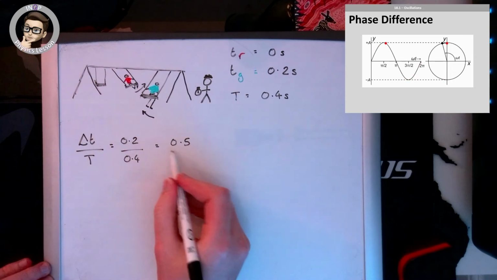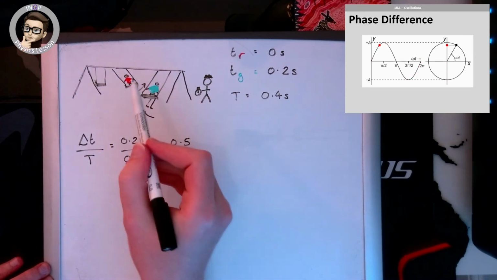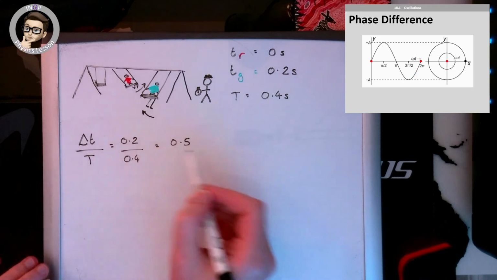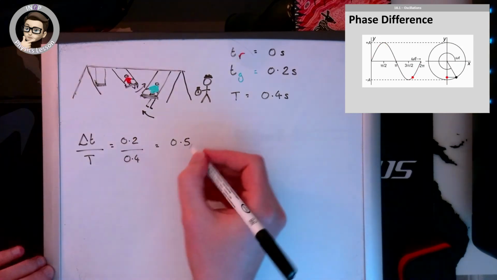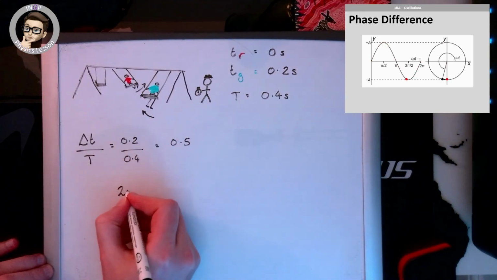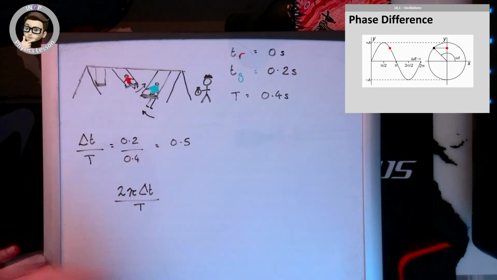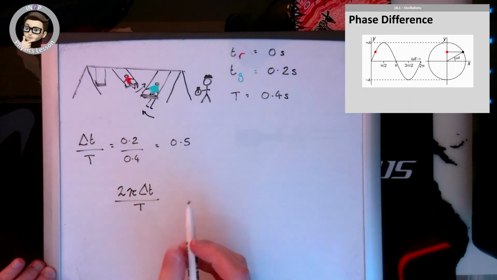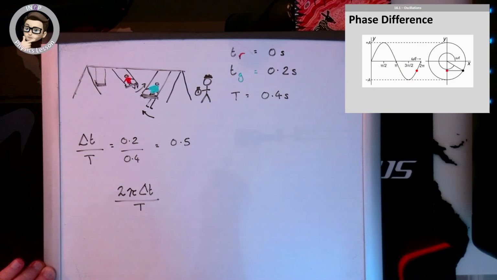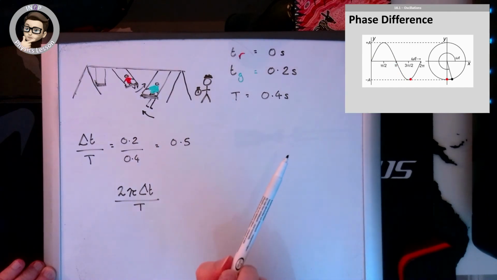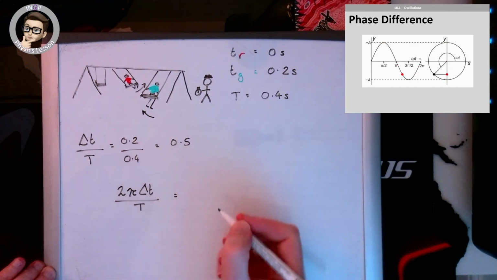But that just tells me I'm 0.5 of a cycle out from each other. That's not my angular phase difference. So my angular phase difference is going to be 2 pi lots of my difference between them, because remember, one whole cycle is 2 pi angle, as you can see at the top over here. So let's do this calculation.